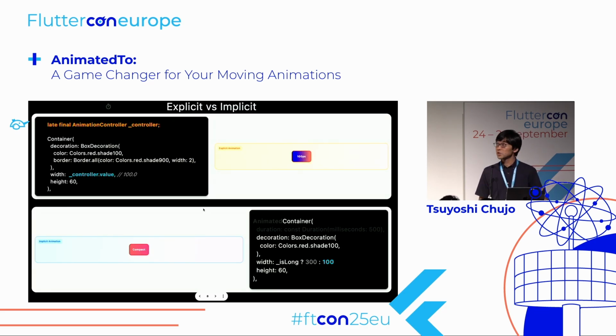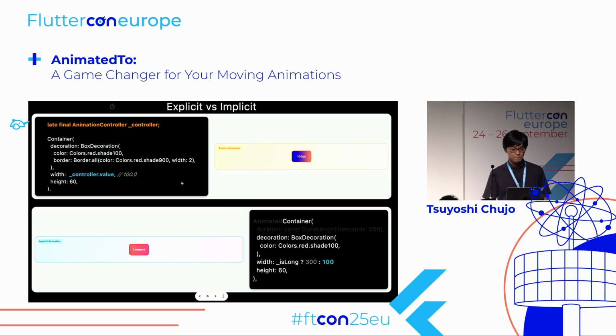Explicit animation is the animation we can implement with the AnimationController or some other APIs. And we have to explicitly configure the animations: how to animate, when to stop, when to reverse, and when to dispose, something like that. We have to configure everything explicitly. So that is explicit animation.